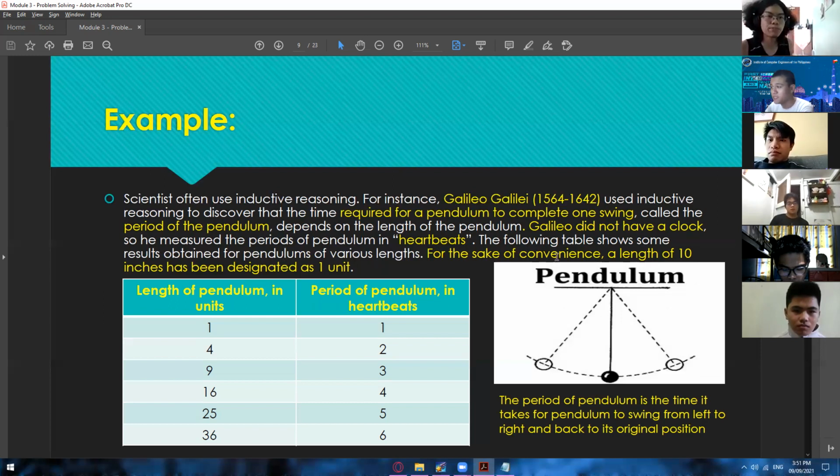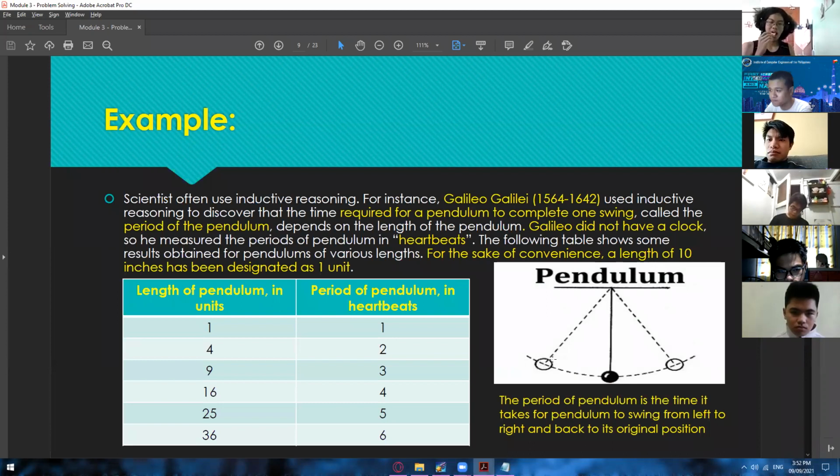For the sake of convenience, a length of 10 inches has been designated as 1 unit. So if we have 10 inches, it's already considered as 1 unit. A 10-inch pendulum will give us 1 heartbeat to complete 1 swing. For it to count as 1 swing, it goes from its original position, swings to the right, and then must go back to its original position.